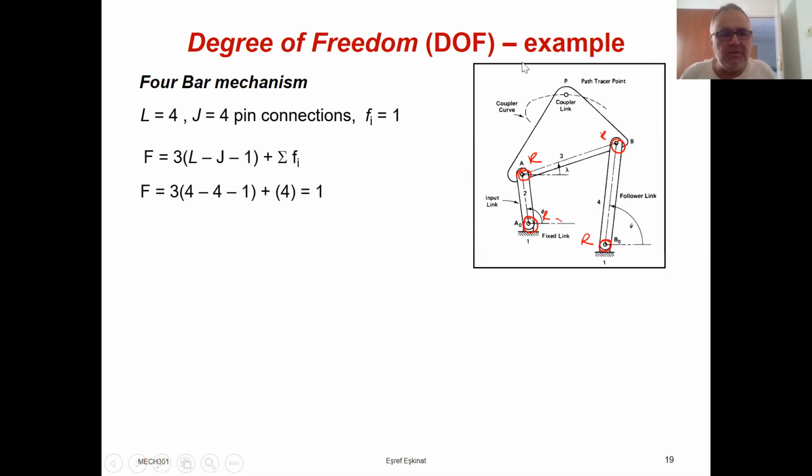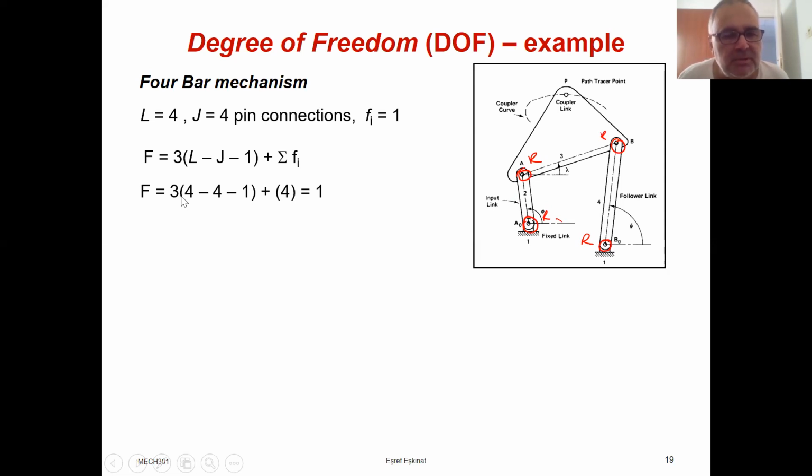So we write our equation: F equals 3 times (L minus J minus 1) plus the sum of joint freedoms. Lambda is 3 here because we are in the plane. L is 4. The number of links is 4. J is 4. Minus 1, because it's grounded, minus 1 comes from that. Plus 4. So what do we have? 4 minus 4 is 0.